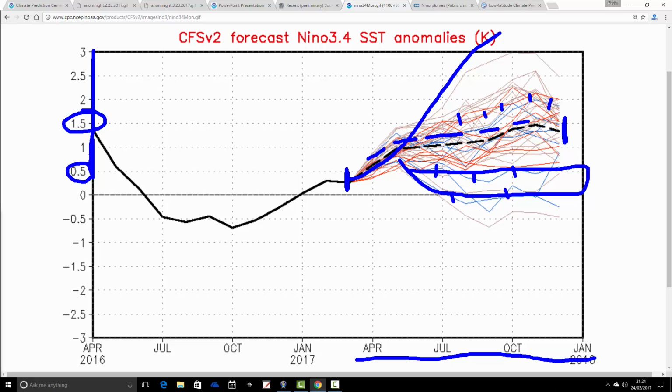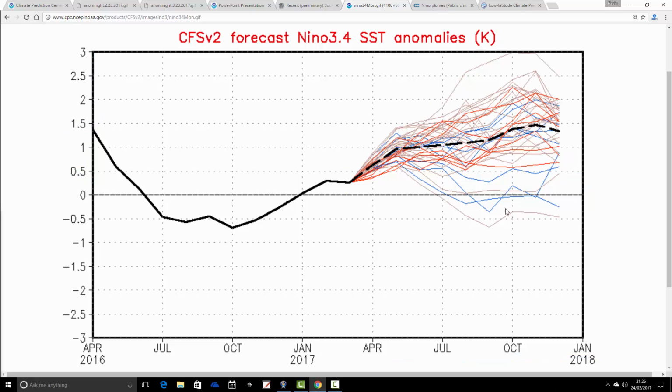They look like they're outliers, particularly in comparison to those earlier ensemble runs, which all went up into moderate El Nino territory. But it's just perhaps the model responding to the stalling that's taken place over the past month in those warmer than average sea surface temperatures gathering pace, and probably it's responding to what's happening with the SOI as well. But at the moment, as it stands, the CFS is still going for El Nino, albeit a moderate El Nino.